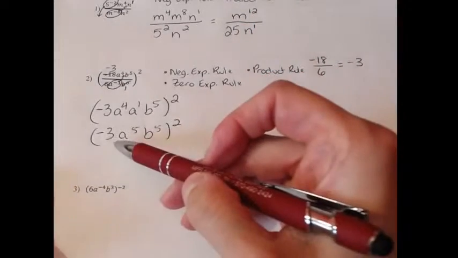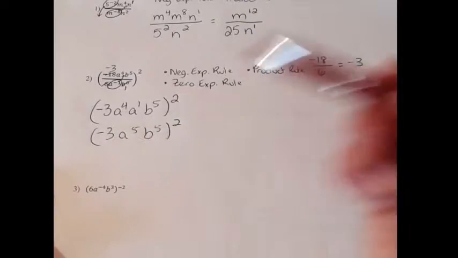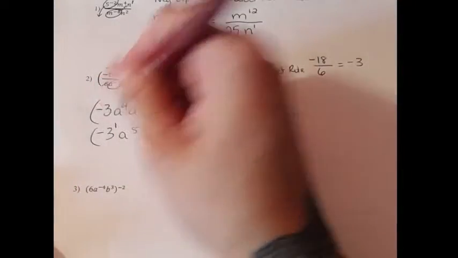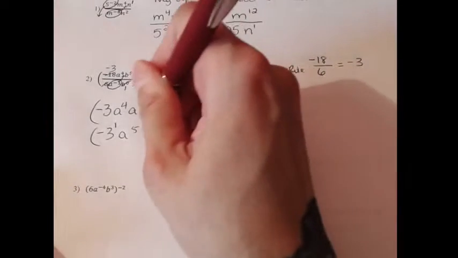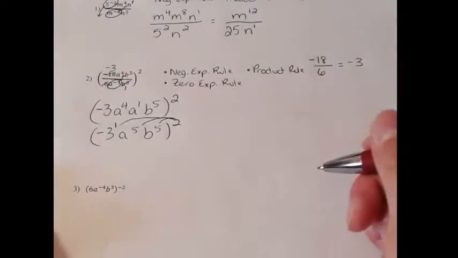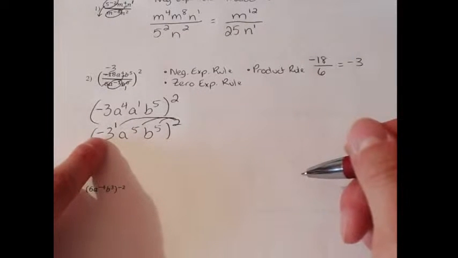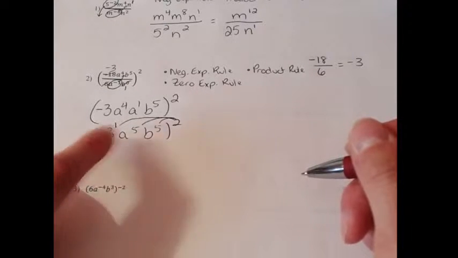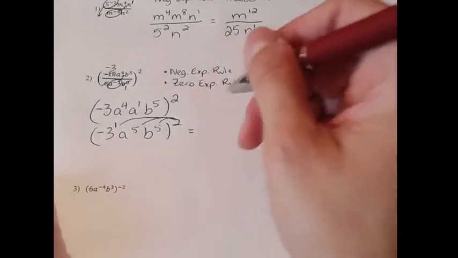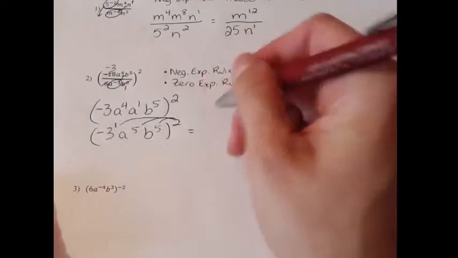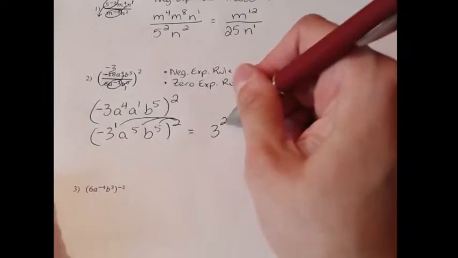Okay. At this point, I notice that each of my bases is being raised to a power. This is 3 to the 1st, a to the 5th, b to the 5th. I'm then going to distribute that 2. Notice the negative is inside the set of parentheses, so when you square a negative, it becomes positive. My answer is positive, so now let's keep the base, multiply the powers.